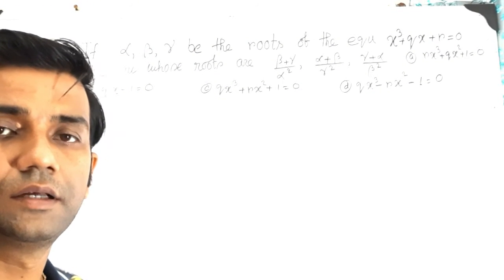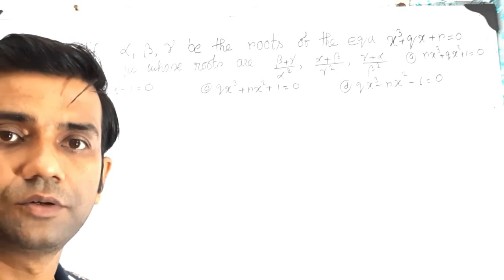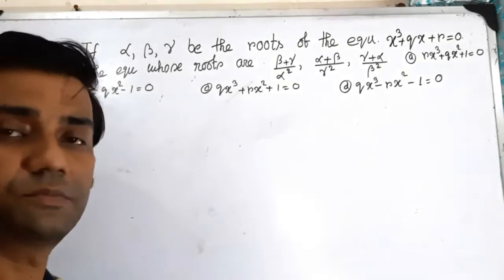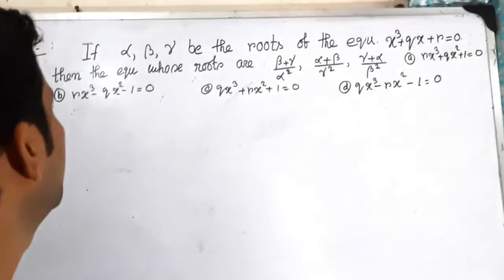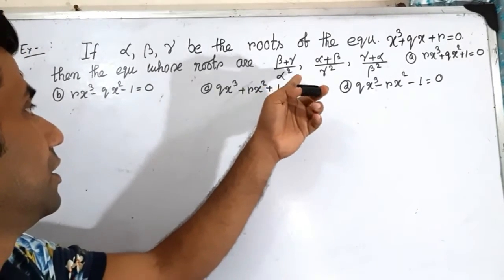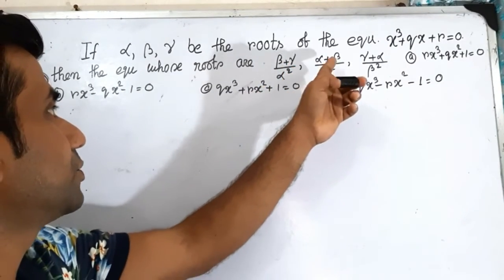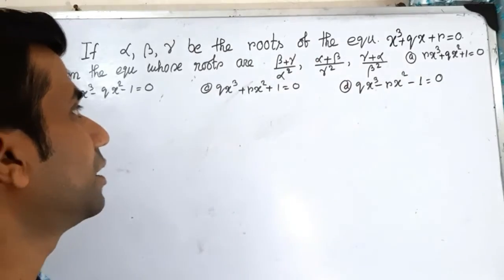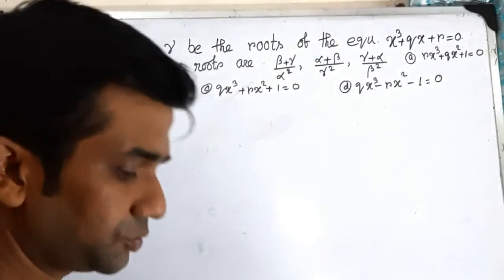The problem is, if alpha, beta, gamma be the roots of the equation x cube plus qx plus r is equal to 0, then find the equation whose roots are beta plus gamma by alpha square, alpha plus beta by gamma square, gamma plus alpha by beta square.